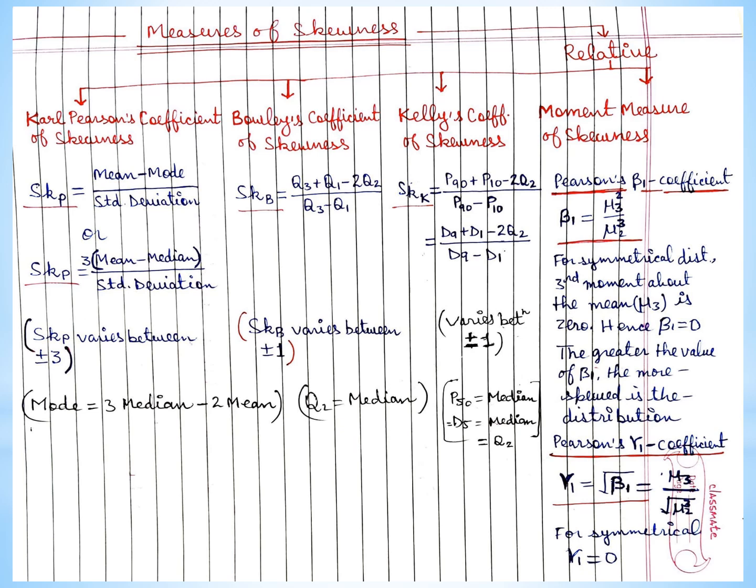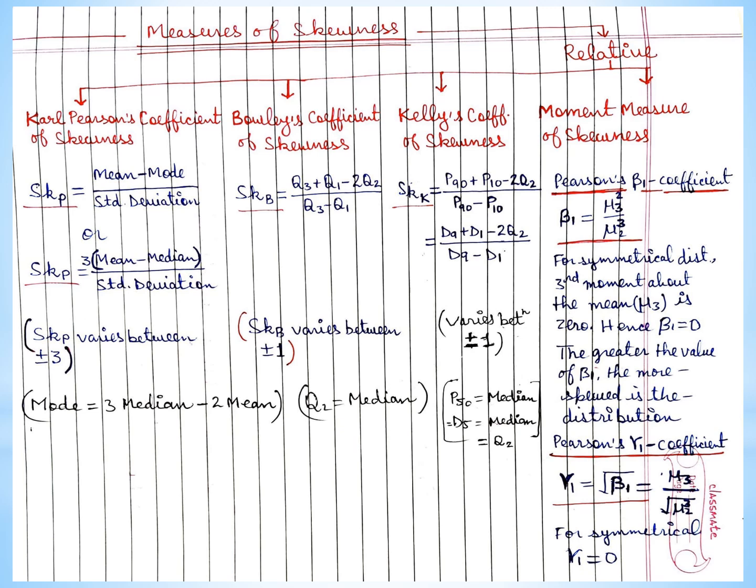So Bowley's coefficient of skewness is based upon the quartiles. Now come to the third relative measure of skewness, that is Cayley's coefficient of skewness. Cayley's coefficient of skewness is represented by SKK, and it is based upon the percentiles and deciles.